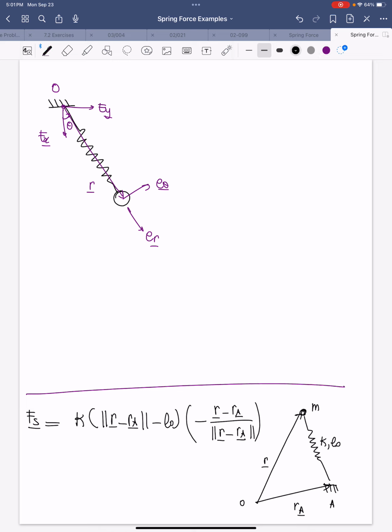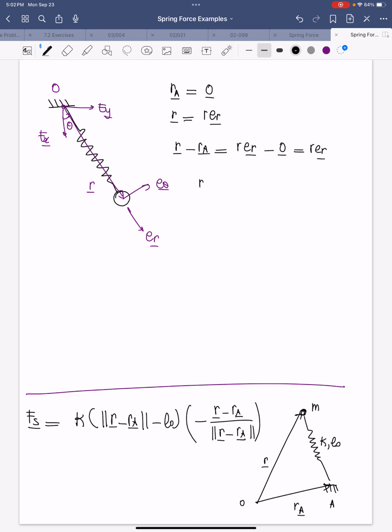So in this case, r_A is just 0 because the fixed end of the spring is at the origin, and r is just the position vector from the origin to the mass, which is r E_r, the regular position vector we know from cylindrical polar coordinates. So if you want to calculate r minus r_A, that's going to be r E_r minus 0, which is r E_r.